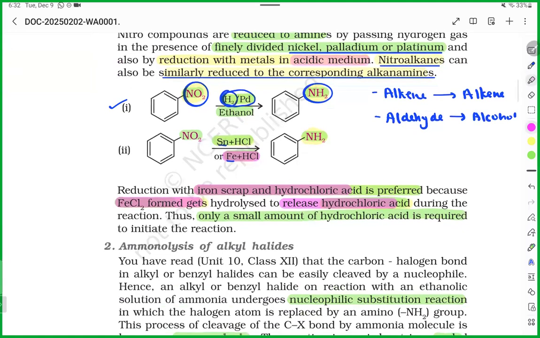So nitro converts into the amine, but out of tin and iron, we prefer iron. Chandana, why scrap? Why iron scrap?